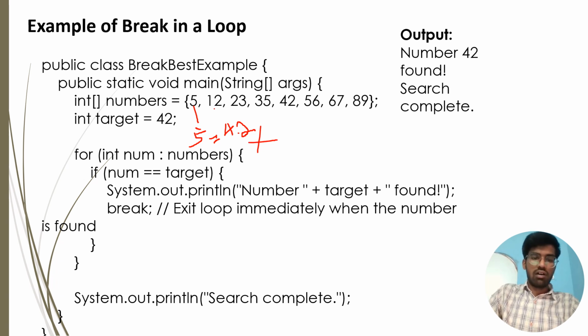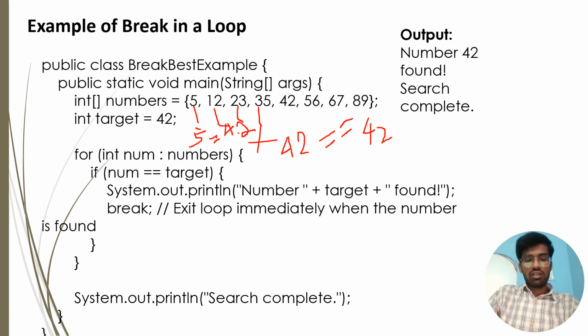Again it checks the condition for 12, 23, 35, until 42 is reached, where 42 equals 42. Then the if statement executes, and System.out.println prints that the number 42 is found. This is the break statement; the comment says exit loop immediately when the number is found.